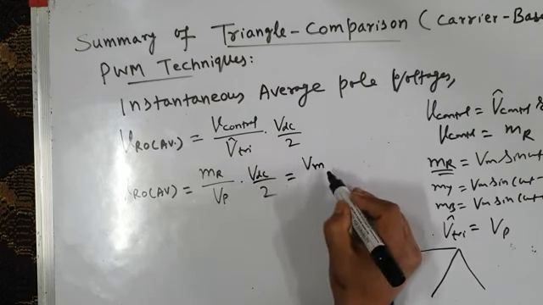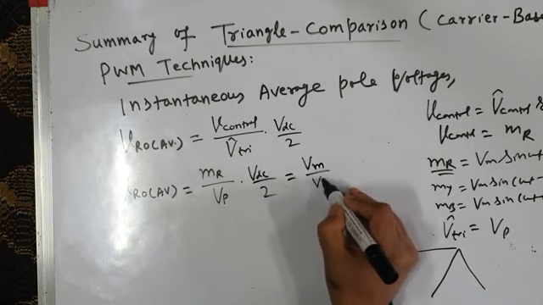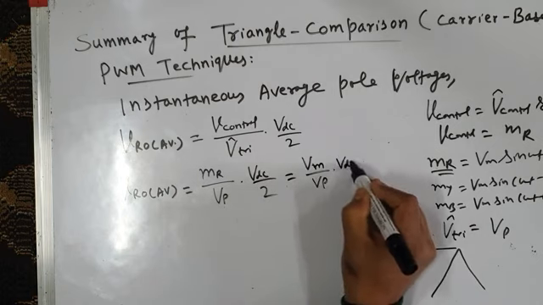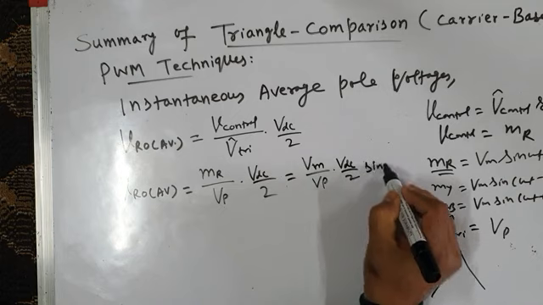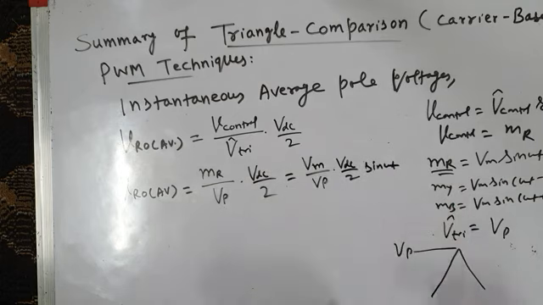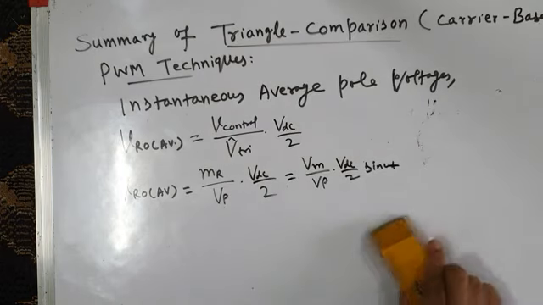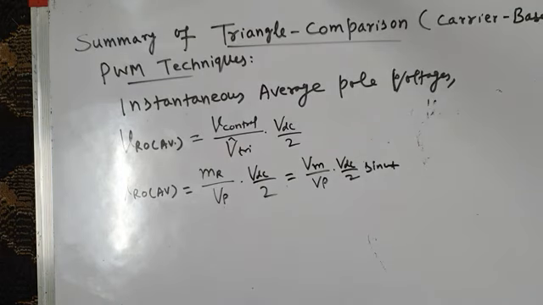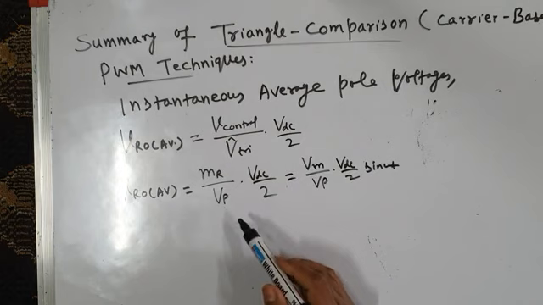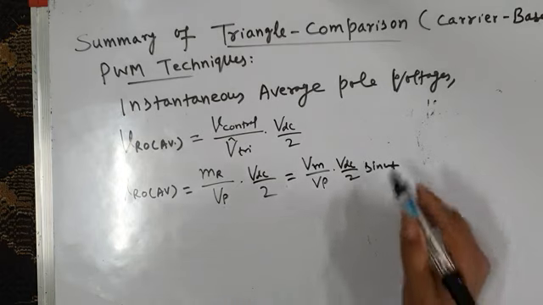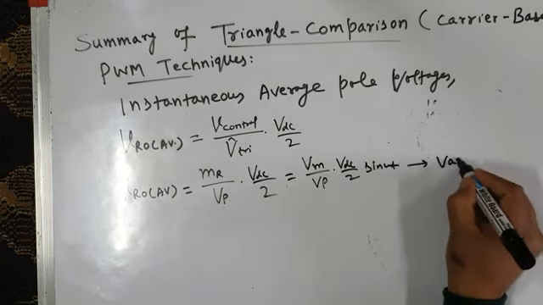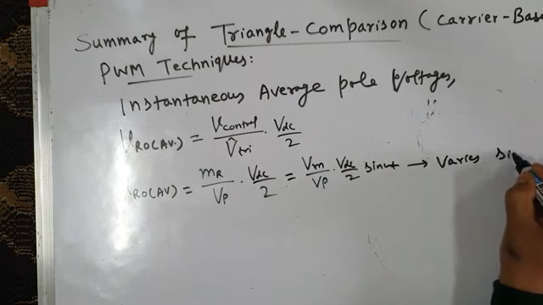So it is VM by VP into VDC by 2 times sine omega t. So it is a sinusoidal modulating wave. So this is my pole voltage, and it varies sinusoidally.